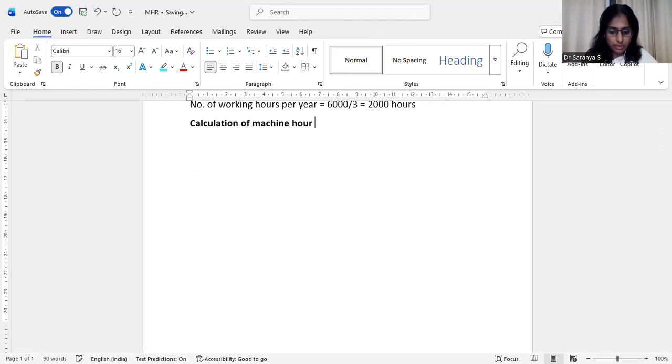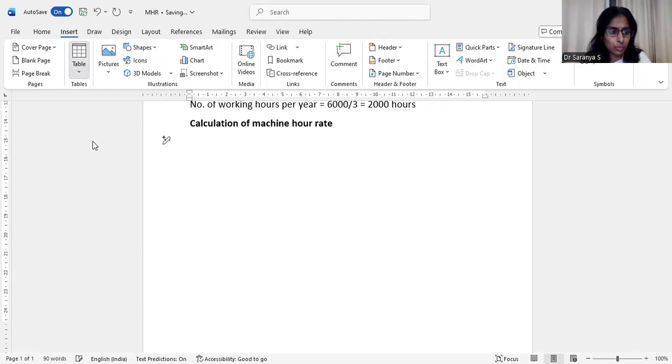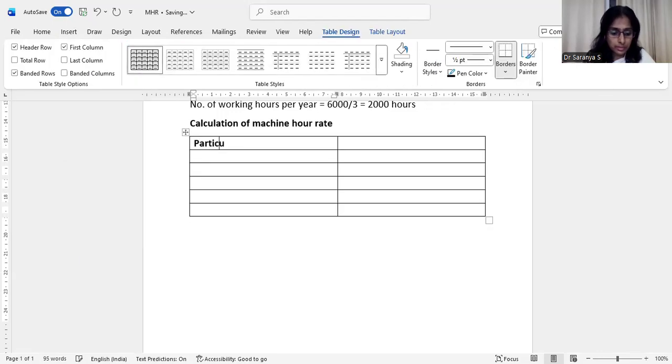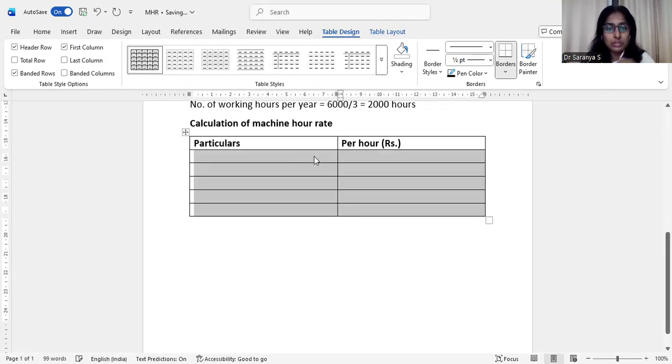For the machine hour rate, we will have two columns: particulars column and rupees column. Rupees is per hour. Okay, now we will start. Usually the sum will go like this: standing charges and variable charges.